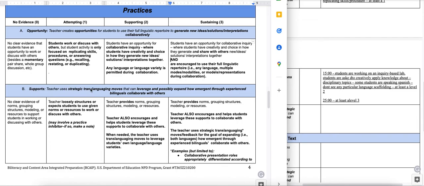So let's look at our supports sub-practice. At a level 0, this looks like you're not seeing any clear evidence of any sort of pedagogical instructional practices that the teacher is using to scaffold this type of collaboration that we want to see up here.